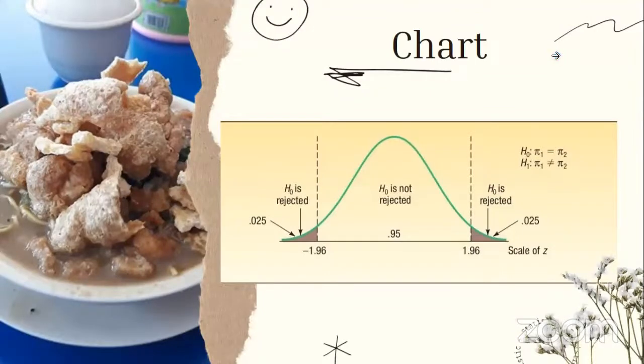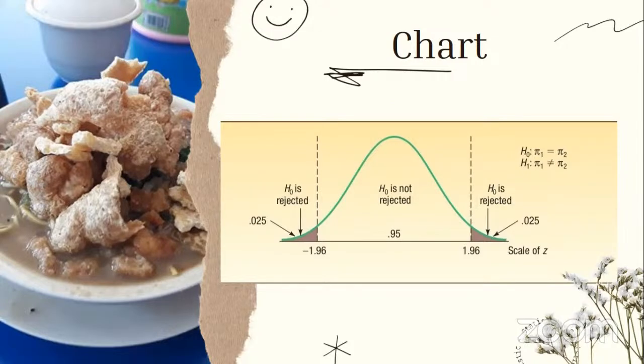Next is the chart. On this chart, the critical values are minus 1.96 on the left side, and the right side is positive 1.96.